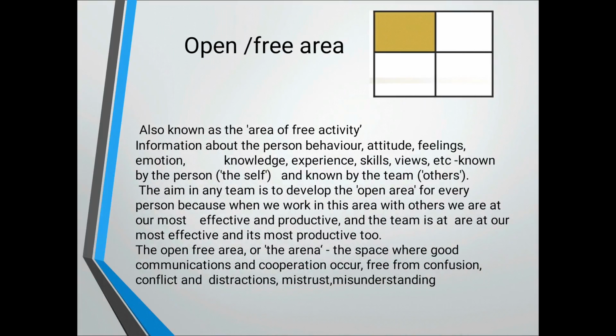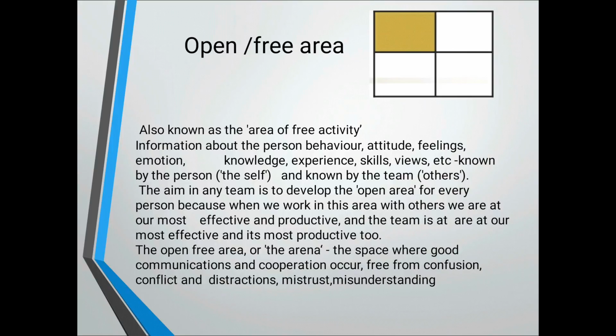This open area can be understood through the behavior, attitude, feeling, emotion, knowledge, skills, and views of the person. It is very important for a team-building exercise, because by using these qualities a person can be included in a team, and roles and responsibilities will be assigned to that person based on this open and free area. So this is primarily the area where all of us work in an organization.